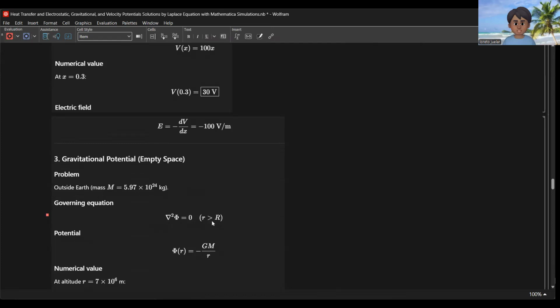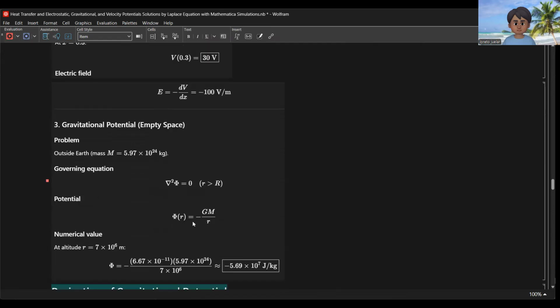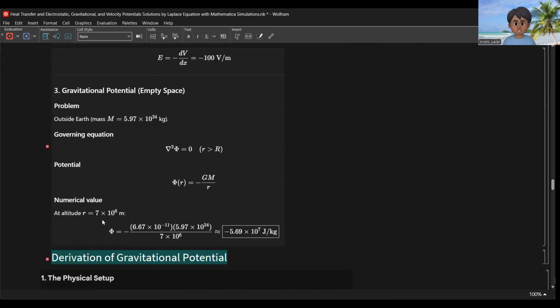So we have the potential, negative GM over r, at an altitude of 7 times 10 to the 6 meters. The gravitational potential is given by this value, 5.69 times 10 to the 7.